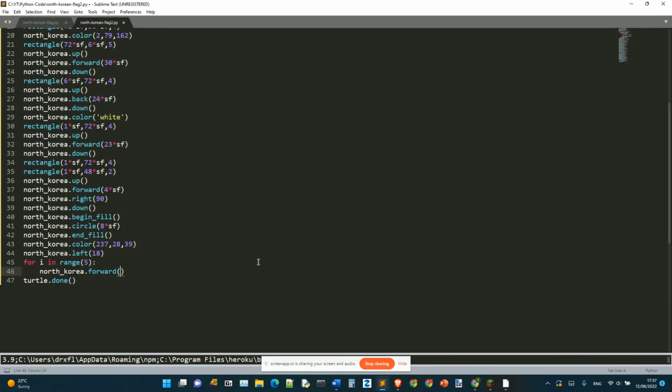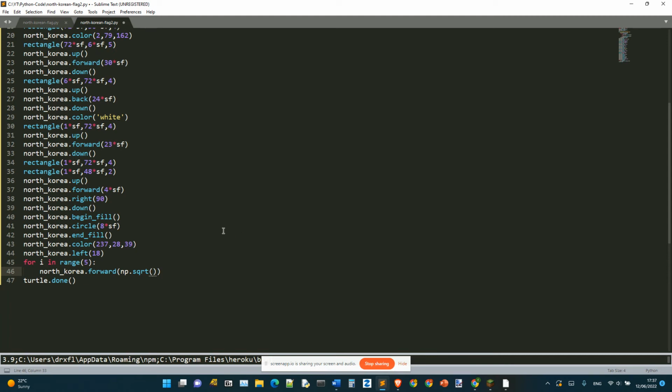So I am not going to show you the result of that. The angle is 144 degrees. So we want to go forward by 8 times SF, np.sqrt of that length, because we need to square root.